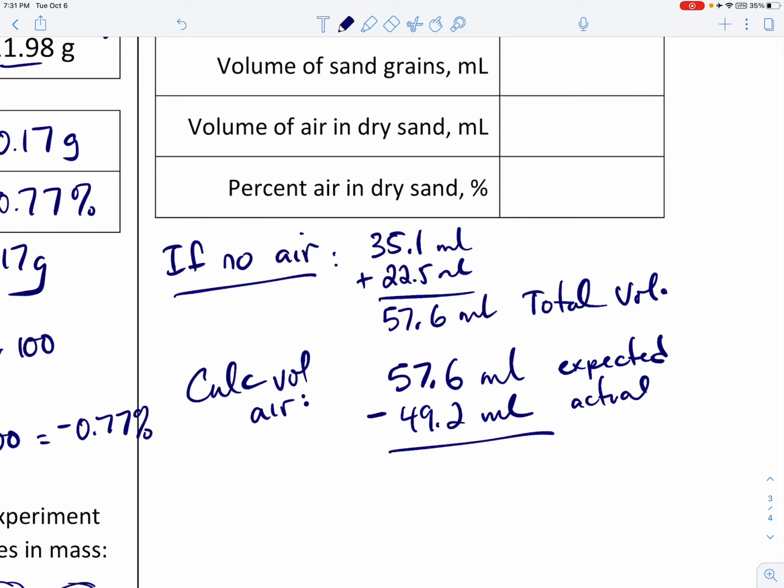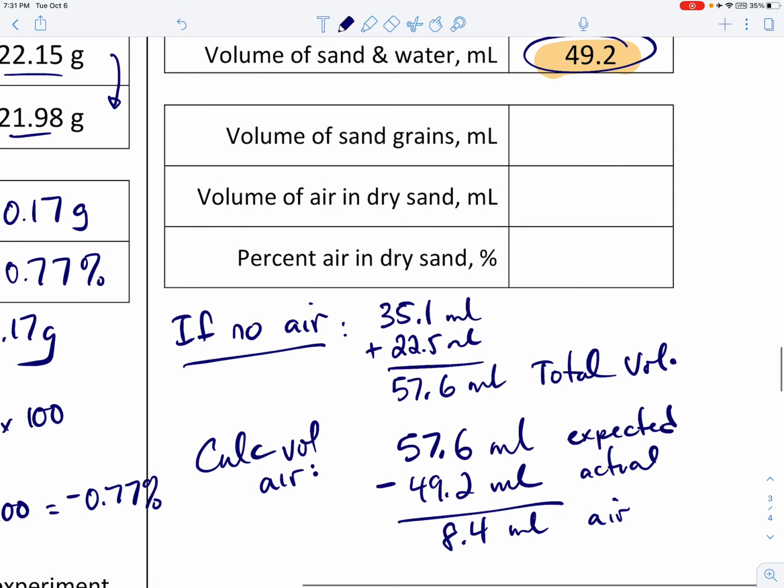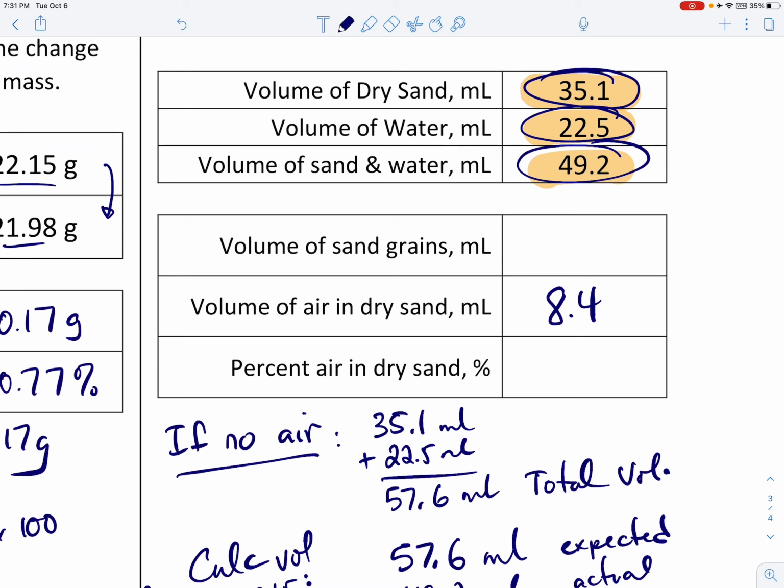So if we take our calculator and subtract 57.6 minus 49.2, we get that there was 8.4 milliliters of air. Notice that we're following the rules for significant digits. We're rounding off to one decimal place because we're adding and subtracting numbers. So we now know the volume of the air was 8.4 milliliters. We can go back here and say that. Then how much sand grain was there?